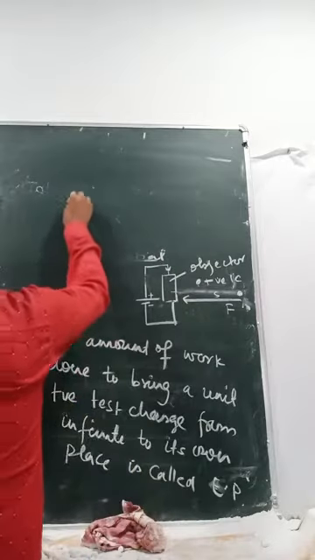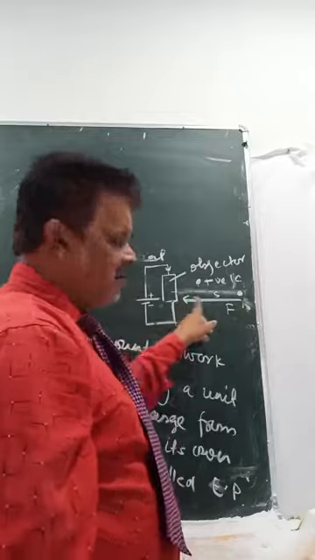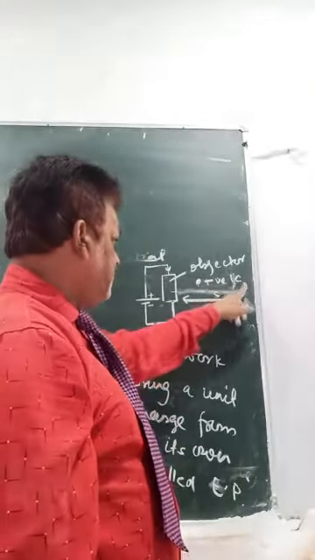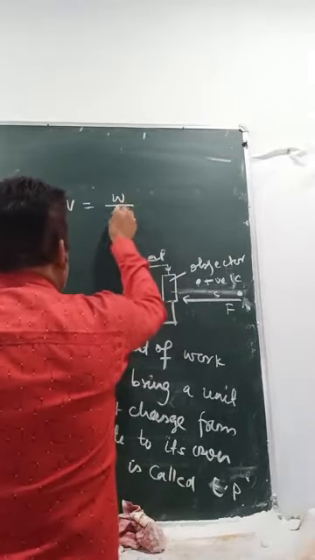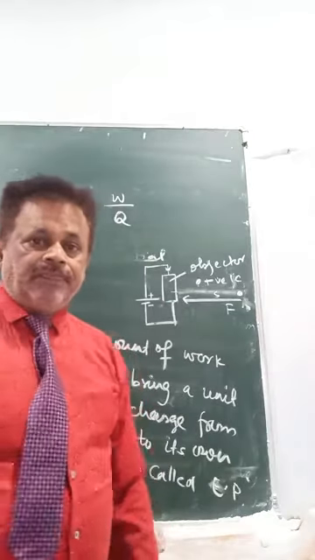Potential is defined by the work you do in bringing a charge, so you are doing the work over the charge. So V equals W by Q.